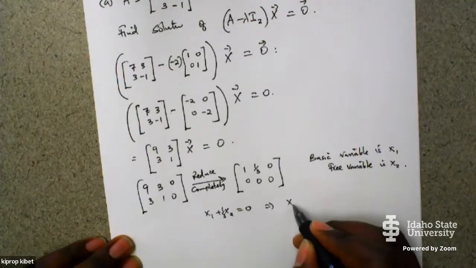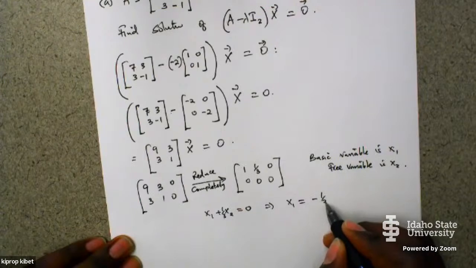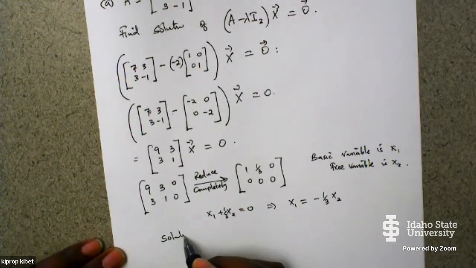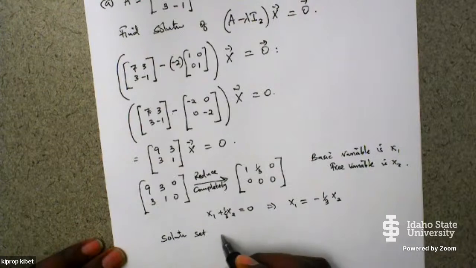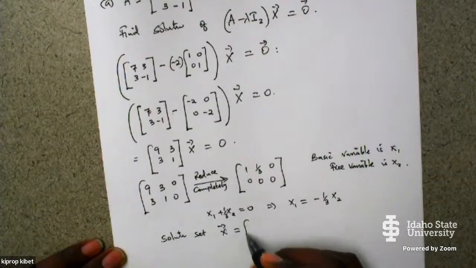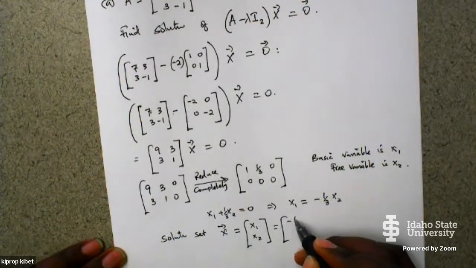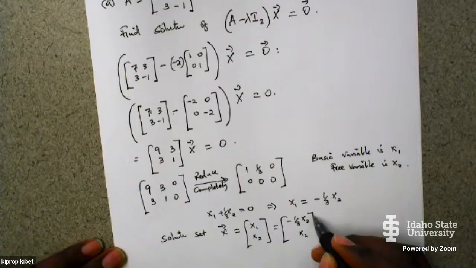Then x1 equals minus 1 over 3 x2, and therefore the solution set is x equals x1, x2, which equals minus 1 over 3 x2 and then x2, our free variable.